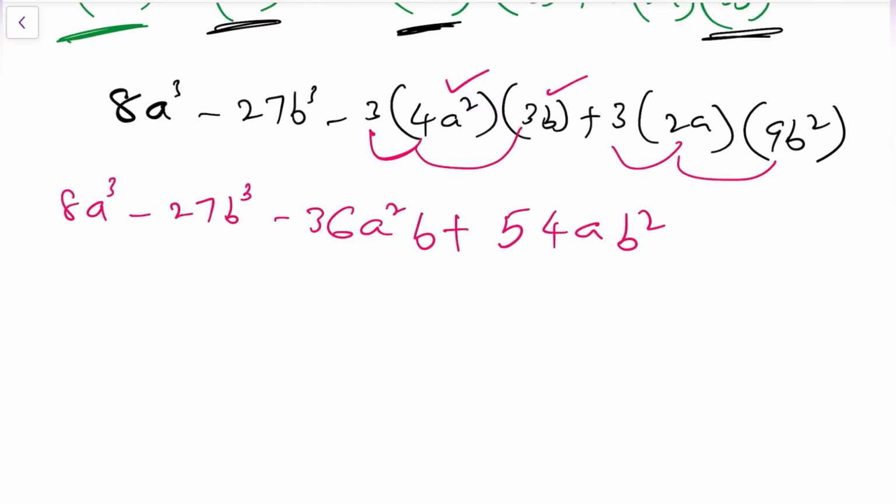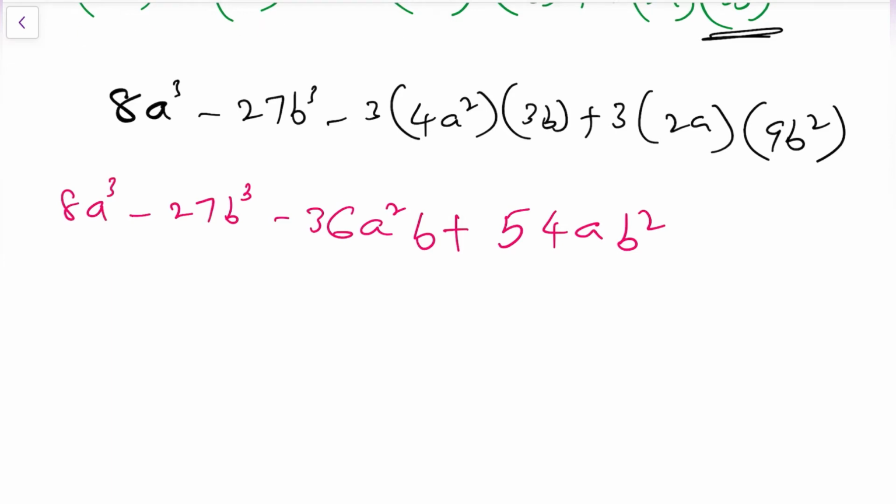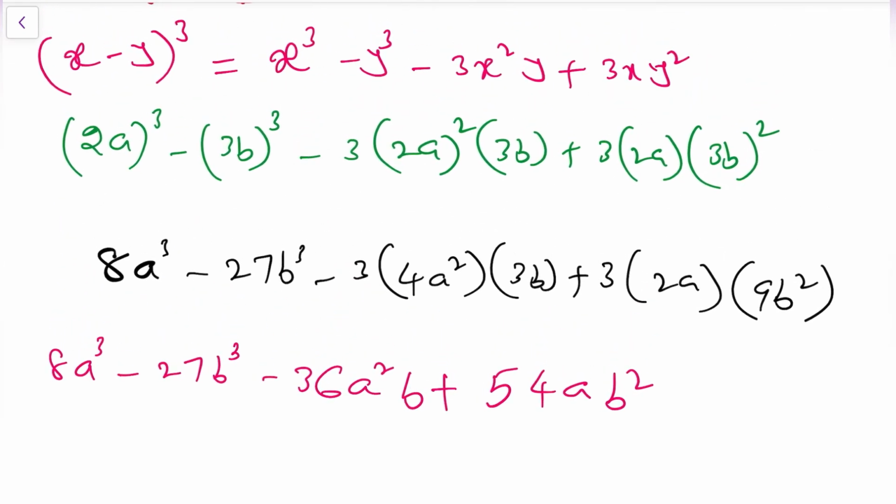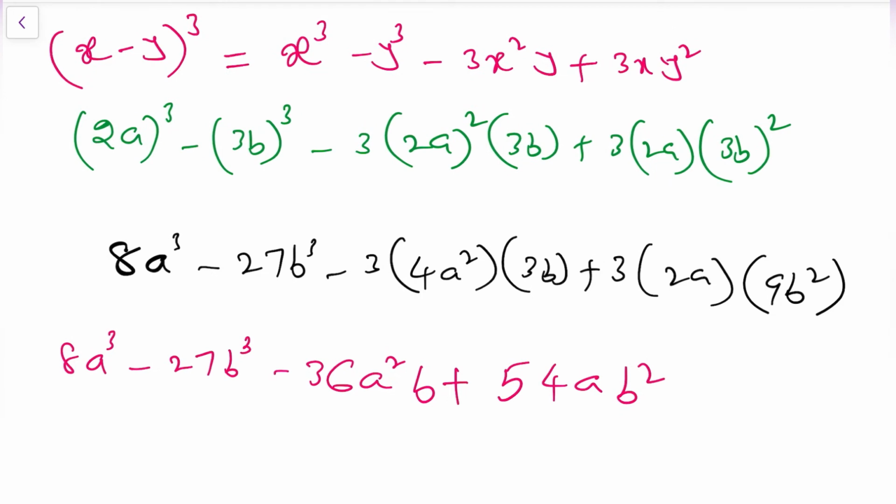So this is the final answer: 8a cube minus 27b cube minus 36a square b plus 54ab square.